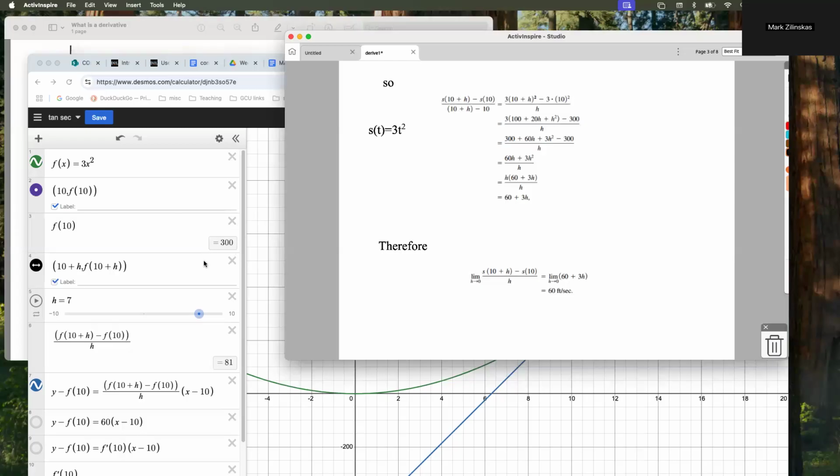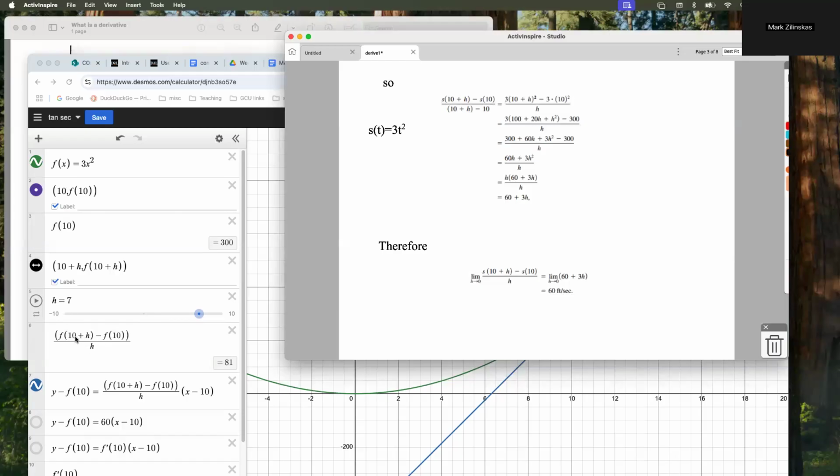So if you come down here, you see I have the same expression, because if I take 10 plus h minus 10, these just cancel out and leave h here. So I'm just going to express that as this right here. If I want to know when h is 7, I would have 17 here.